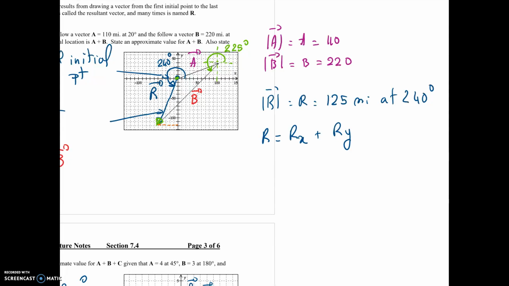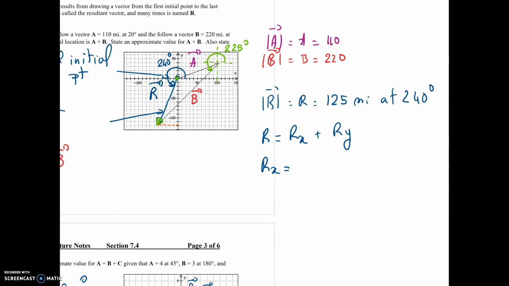And what is the value of this horizontal component Rx? Well, the horizontal Rx is the sum of the horizontal component of A plus the horizontal component of B. So actually I just want to respect the colors, so since B is in red, I'm going to use my red right here and rewrite that in red.